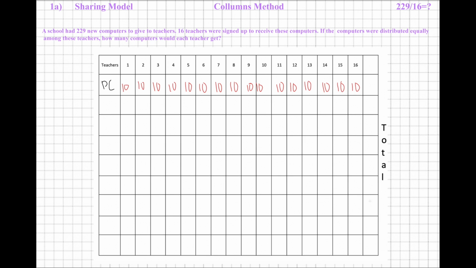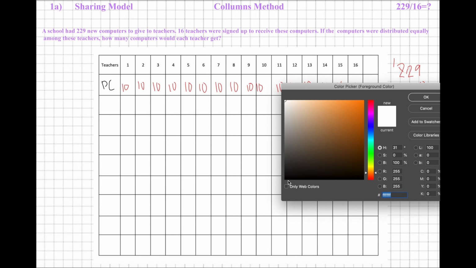And then when I total all this up, and this column over here is going to be our total, we should have 160 computers that we've given away if we were to just give 10 to everybody. So I'm going to take 229 on the side here, subtract 160. Okay, we have 69 left.